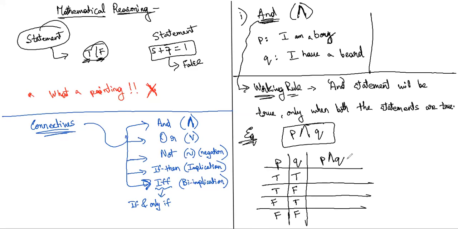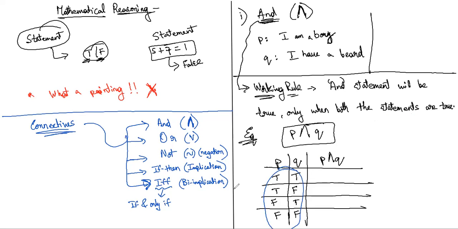So now P and Q. Now you guys have to tell me, when will the statement P and Q be true? Now let us go back to the working rule. What is the working rule? An and statement will be true only when both the statements are true. Okay, look at the truth table here. So now think about it.